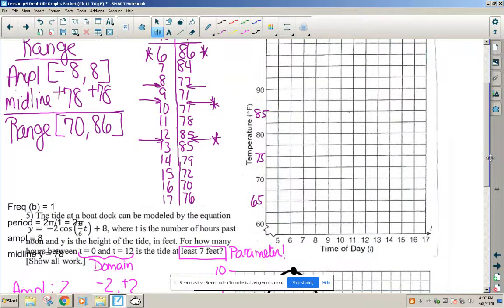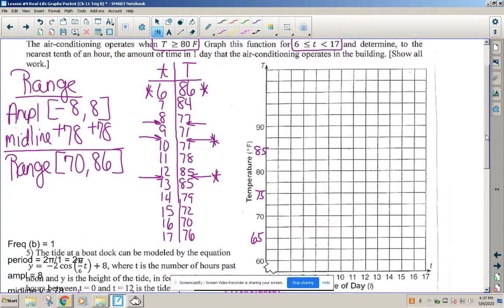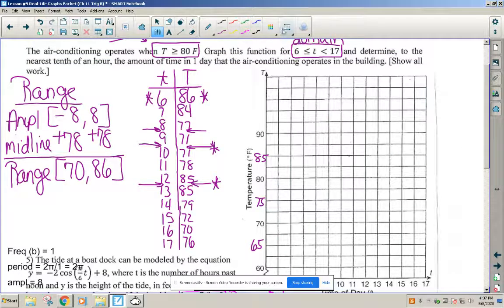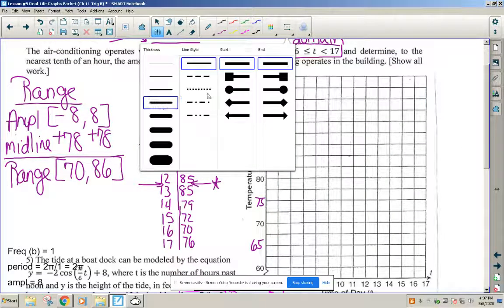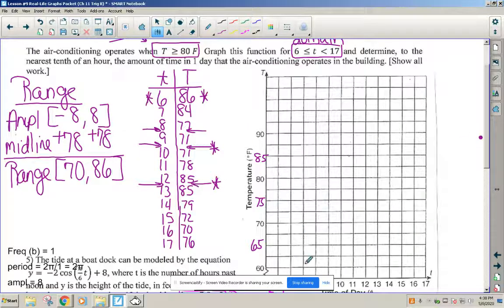So if I were to take my table and plot my points, at 6, I am up here at 86. And notice between 8 and 9, my lowest point is 70.